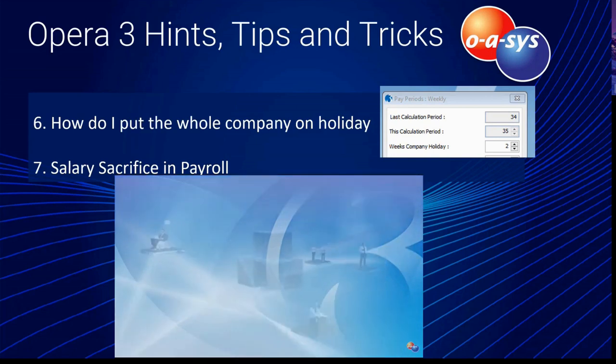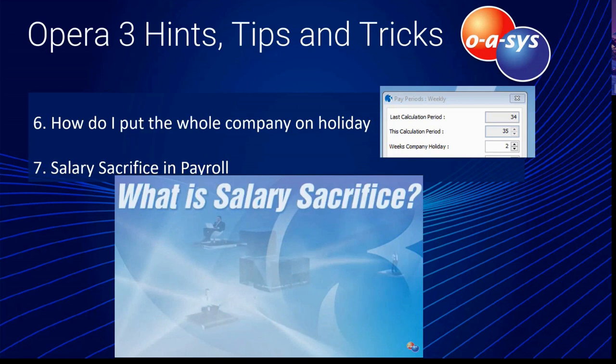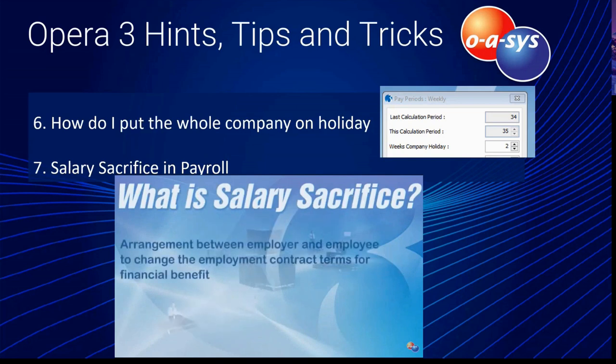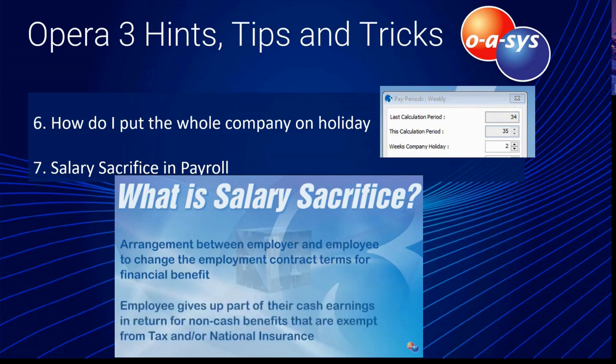So what is salary sacrifice? A salary sacrifice arrangement is basically an agreement between the employer and the employee to change certain terms of their contract of employment for financial benefit. The idea behind this arrangement is really quite simple. The employee gives up part of their cash earnings, and in return, the employer provides non-cash benefits that are exempt from tax and/or national insurance.